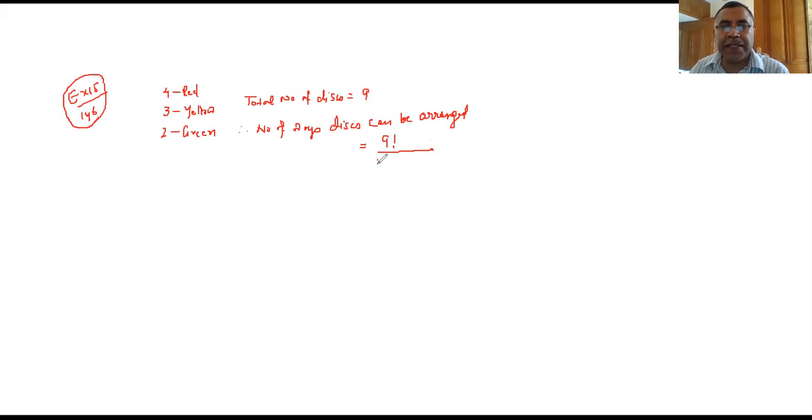So that means it is 4 factorial, 3 factorial, and 2 factorial, which is equal to 9 into 8 into 7 into 6 into 5 into 4 factorial over 4 factorial into 3 into 2 into 2 into 1.